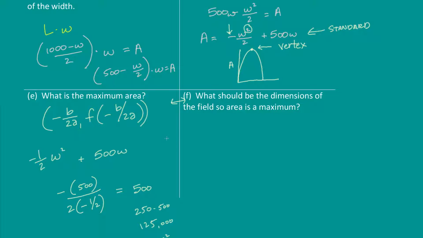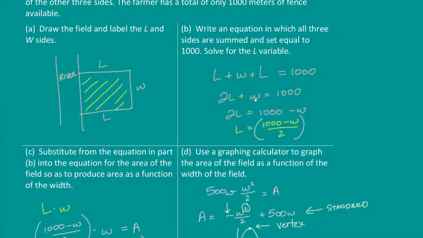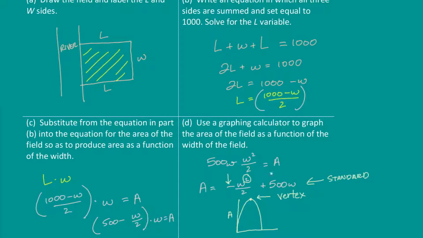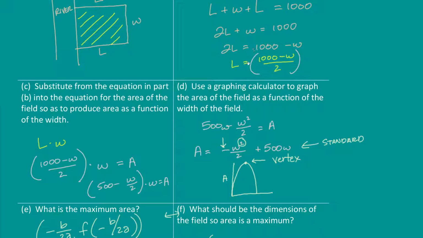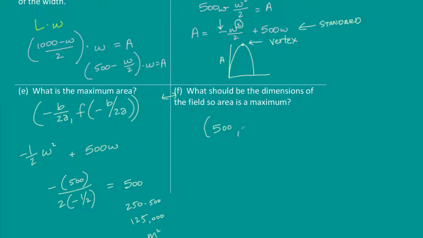But because we went this route, we know what the dimensions are going to be. They're going to be that w is 500. And if w is 500, we know that 2L plus w equals 1,000. So if w is 500, L is going to be (1,000 minus w) divided by 2. So (1,000 minus 500) divided by 2 is going to be 250.